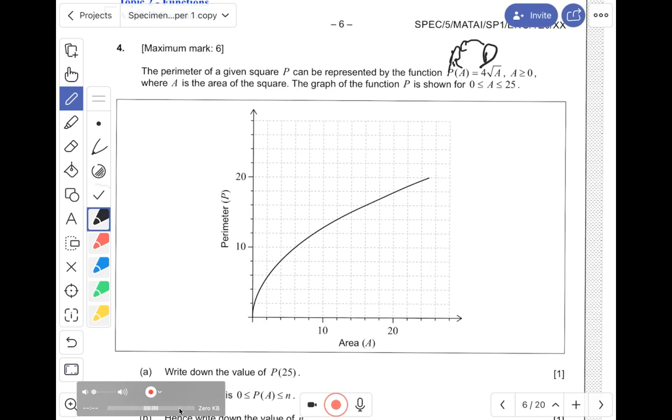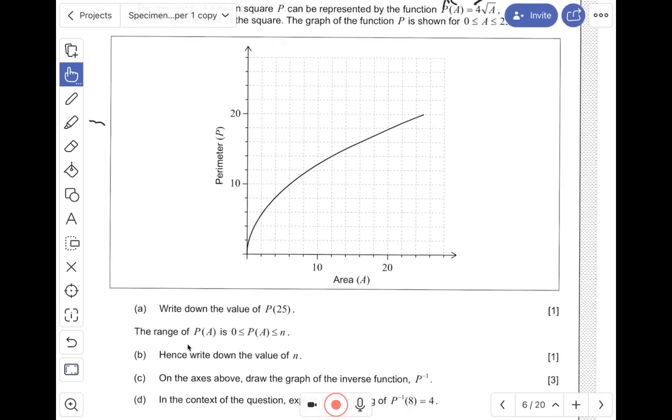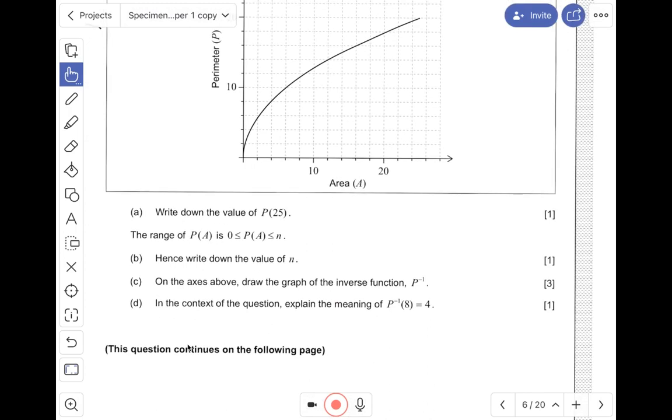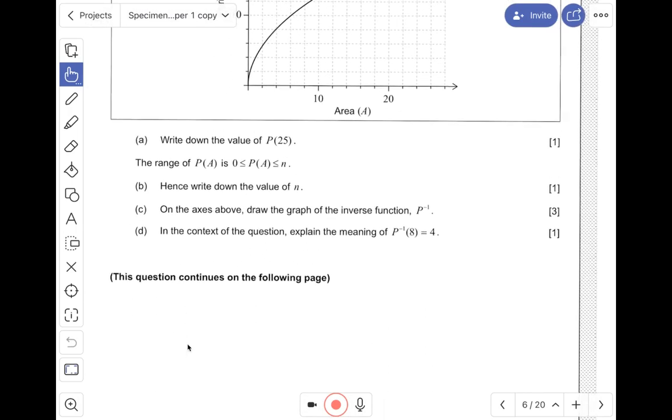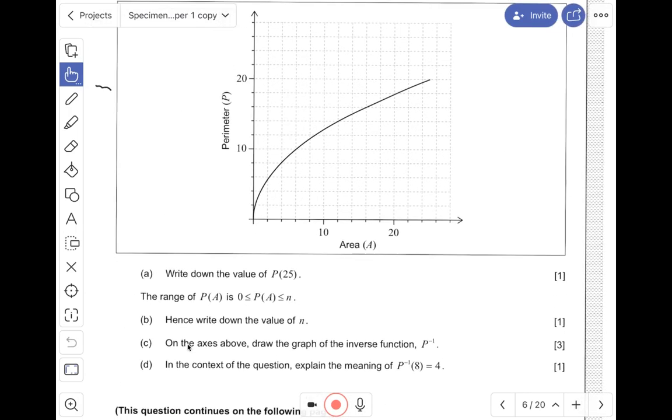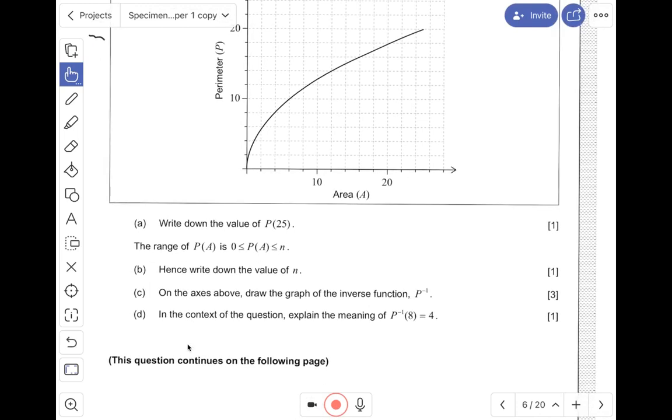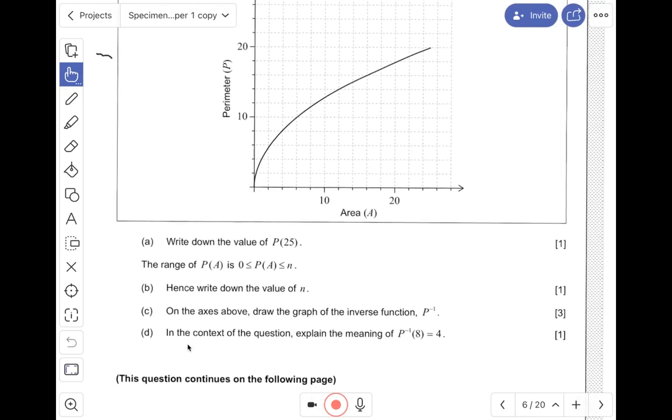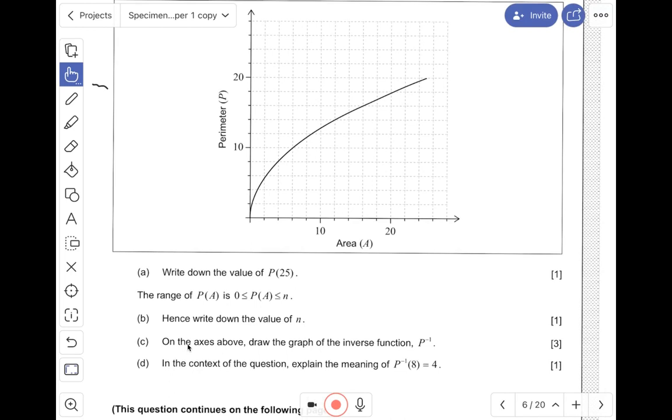Okay, so first question asks for write down the value of p of 25. So again, the answer sheet is on the next page that we have to answer the questions. So we're going to input 25 for area, and we're going to find out what the perimeter of the square would be.